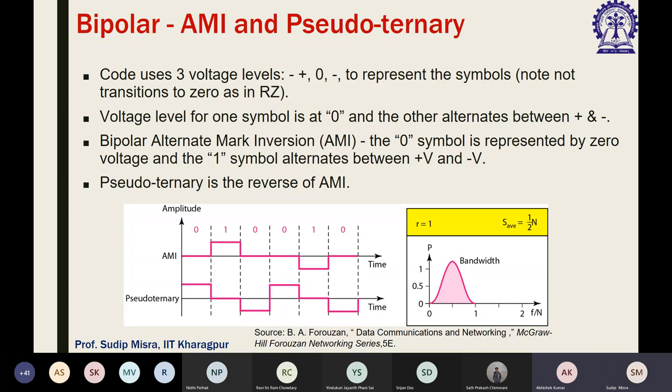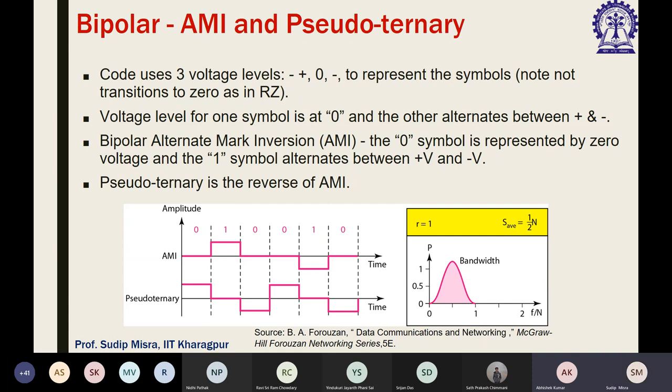So the 0 symbol is represented by 0 voltage, and the 1 symbol will alternate between plus V and minus V. Let us look at this scheme. 0, 0 voltage. 1, plus V. 0, 0 voltage. 1 will invert, it will become minus V now, because the previous one was plus V. And the process continues. Is it clear, how AMI works?